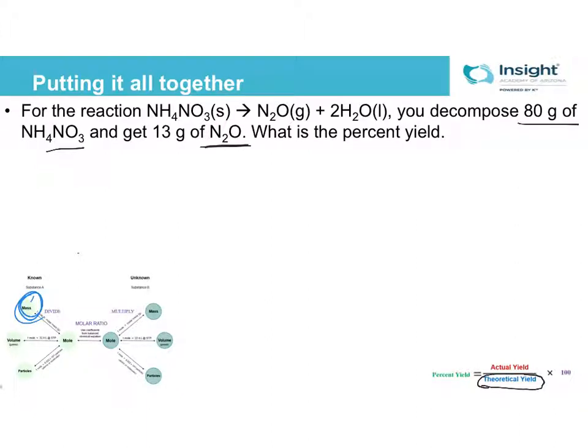All right, so we have 80 grams of NH4NO3. I need to get to moles, which means I'm going to divide by the molar mass of NH4NO3. So, remembering on our periodic table, nitrogen is 14 plus 4 times 1, because there's 4 hydrogens, plus another nitrogen, plus 3 times 16, because that's our oxygen.